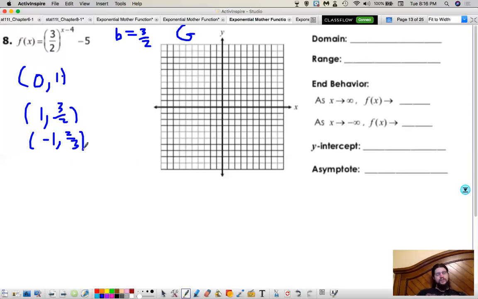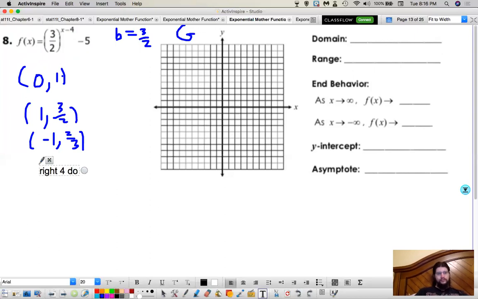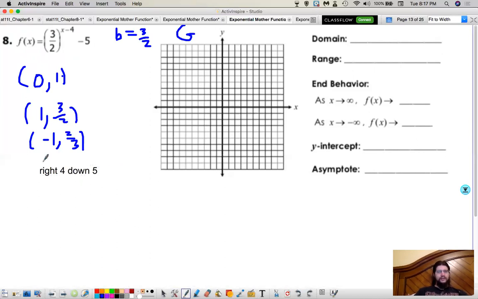It's closer to 1, so it should be flatter than the others. And then what am I going to do to it? I've got no reflections. I've got no compressions. I have to go right 4, down 5. All right. So all I'm having is a shift. And again, the vertical shift will control my asymptote.